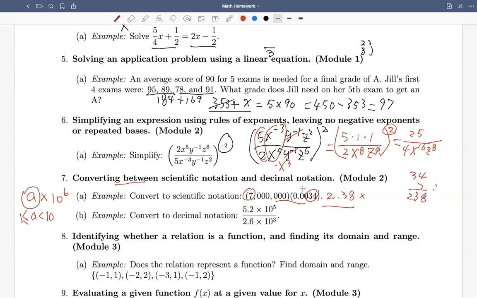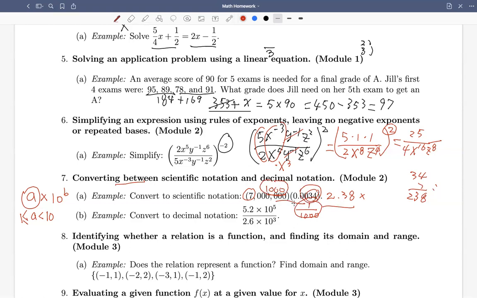Now let's count the decimal places. Here I have 4 decimal places. So I would need 4 zeros, which basically is 10,000. I need 4 places to offset these decimal places, because you see, 1,000 times 1 over 1,000, that's 1.